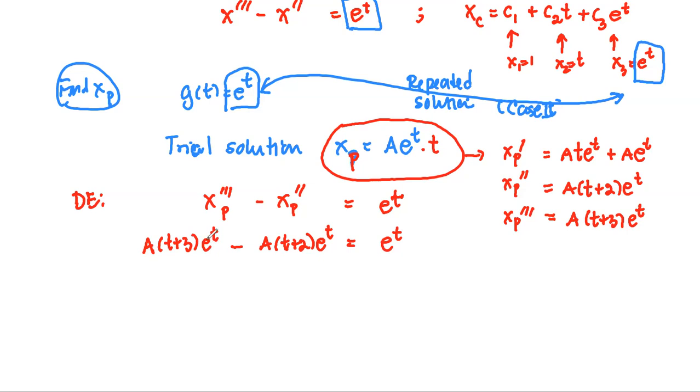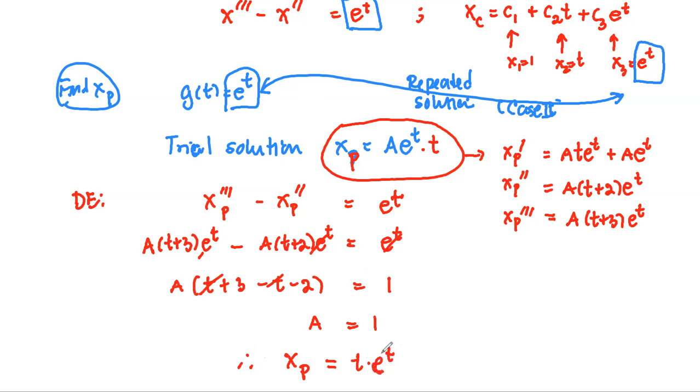Since both sides have the common factor e to the power t, we have a as another common coefficient, multiplied by t plus 3 minus t minus 2 equals 1. The t and 3 reduce, so we have a equals 1. Therefore, the particular solution xp will be in the form of t times e to the power t.